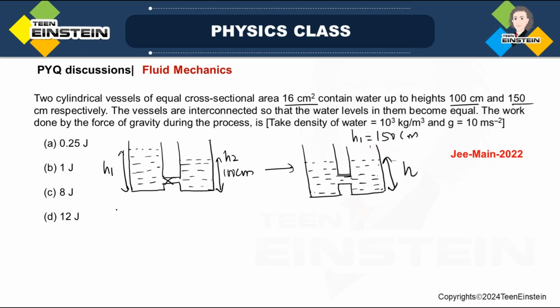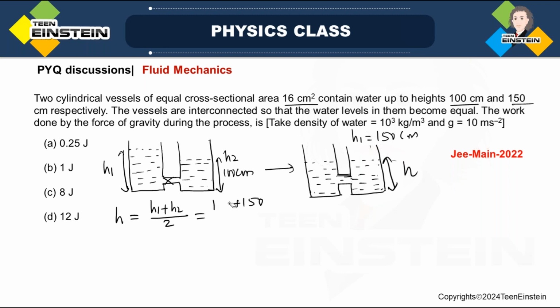So the equal height will actually be h1 plus h2, the average of that. That means this is 100 plus 150. h1 is 150, order is okay.